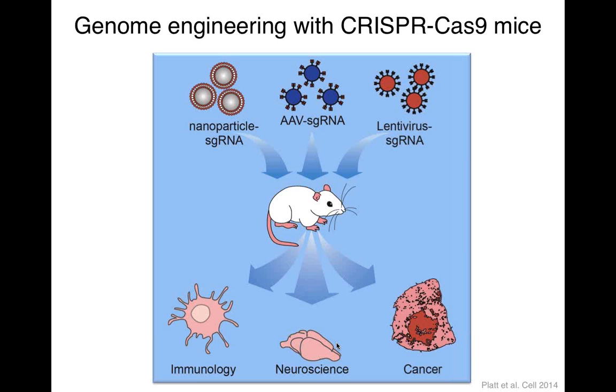But what I didn't have time to talk about today is how we used lentivirus in order to modify immune dendritic cells, which was subsequently used to perform a whole genome screen, and also how we use nanoparticles, a particle called 7C1, in order to deliver guide RNA to endothelial cells throughout the body of the Cas9 mouse. But if you refer to this Platt et al. Cell 2014 paper, you can see the particulars there.